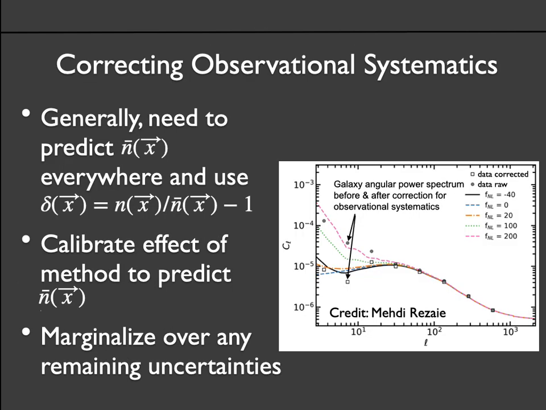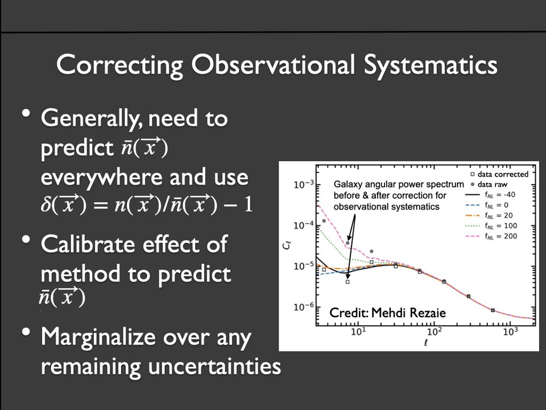All right, so a little bit more: how do we actually try to correct this? Well, we roll everything together and we say, okay, given everything we know, let's say what the number density of our galaxies should be at that given position, and then we can calculate overdensities.